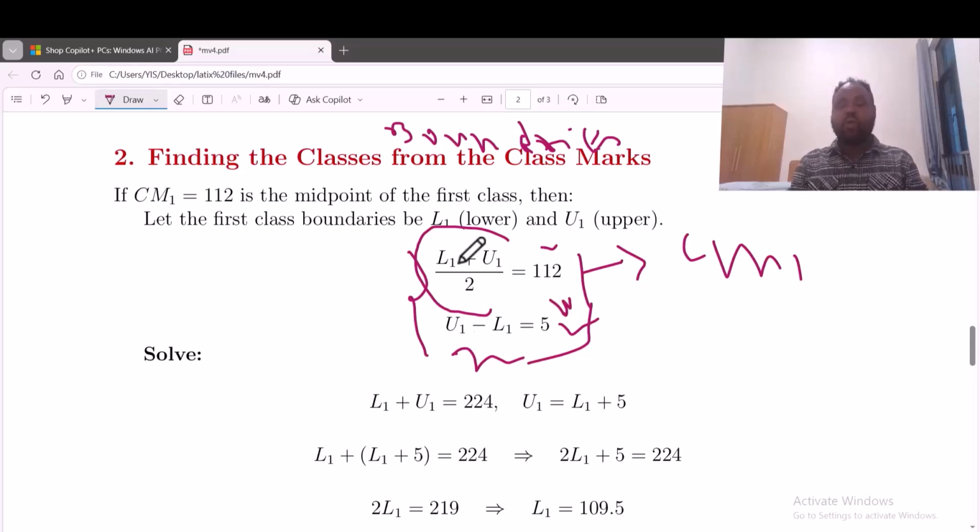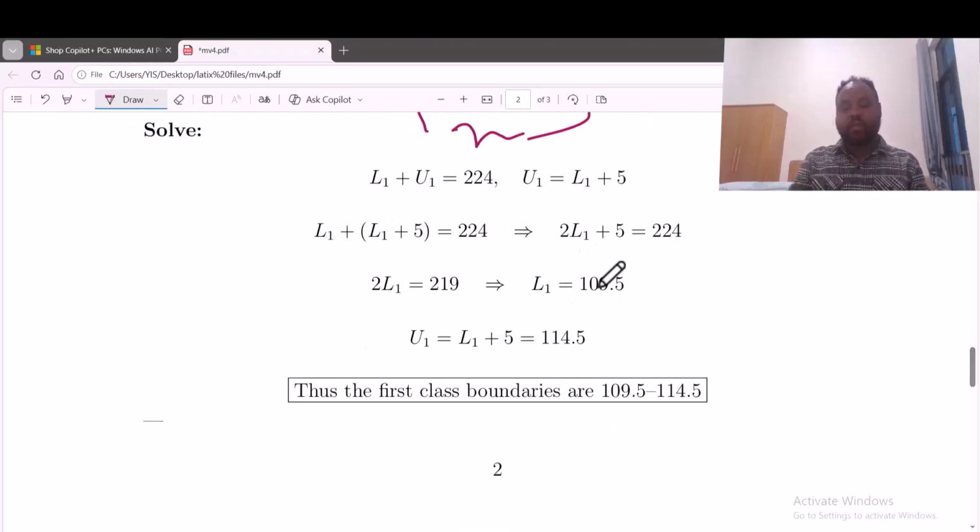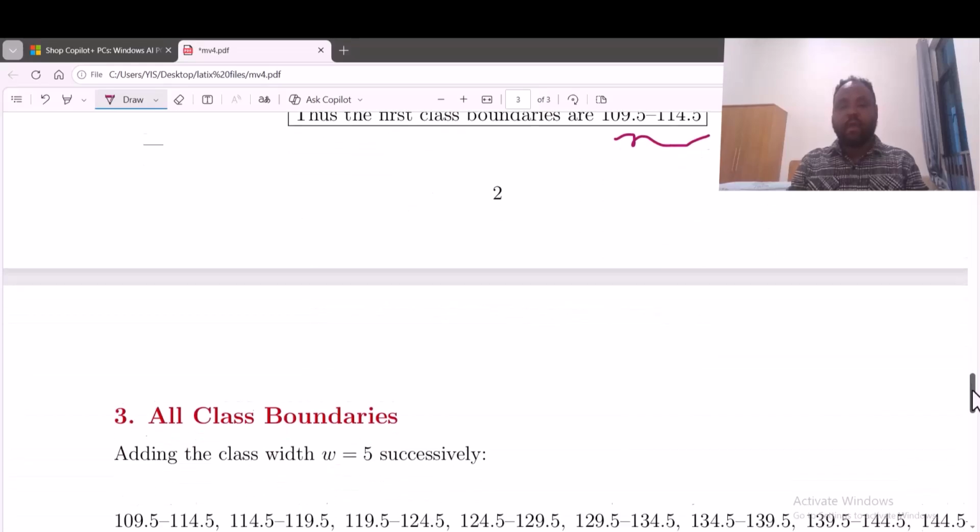From these two equations we can solve for the unknowns simultaneously. Therefore, the lower class boundary of class 1 is this number, the upper class boundary of that class is this one, and so the class boundary for the first class is obtained.